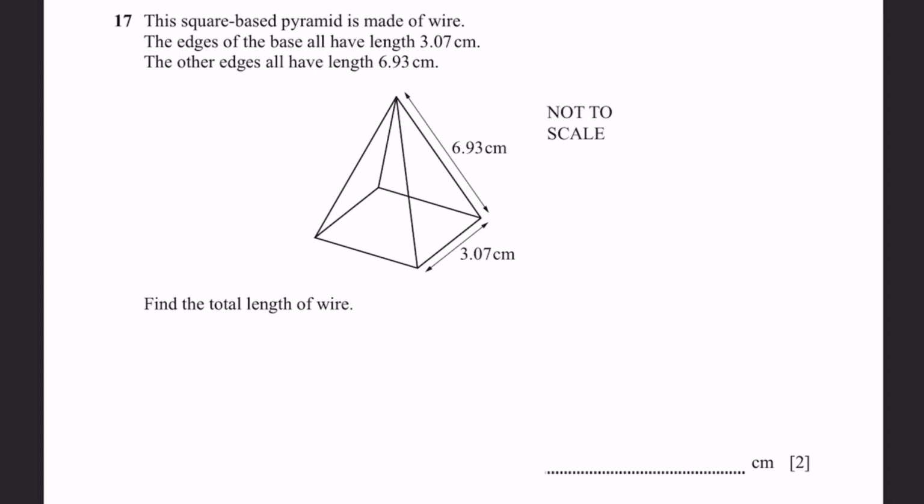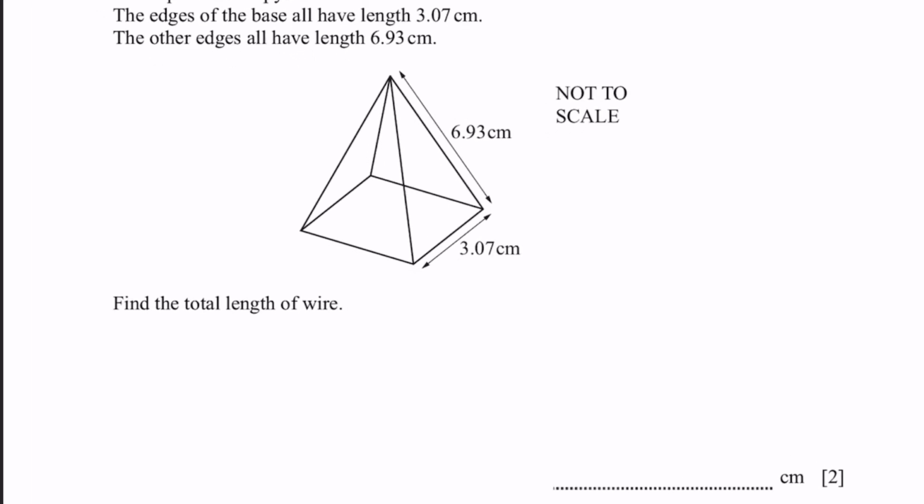What this means is the edges of the base, which are these 4 edges, this one, and one more over here, are equal to 3.07 centimeters. And the other 4, this one, and the last one here, are 6.93 centimeters.